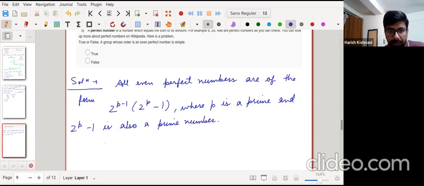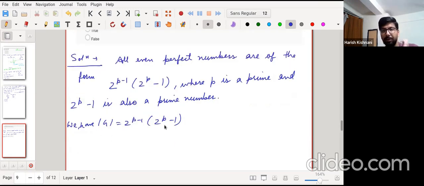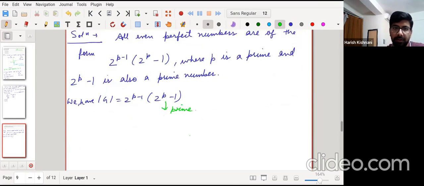So we are given that the order of G is 2^(p-1) times (2^p - 1), where p is a prime and this number is also a prime. So how many prime divisors can you see for the order of G?